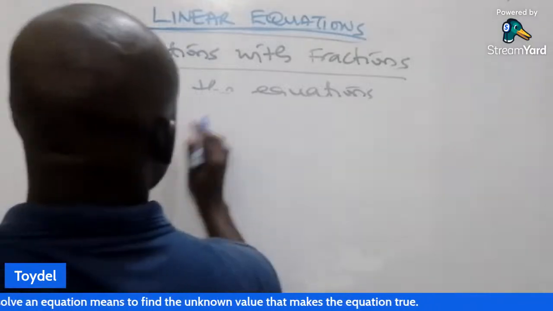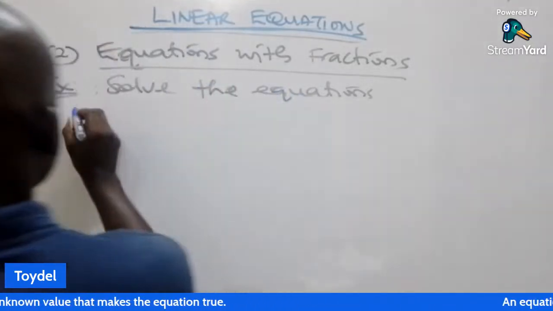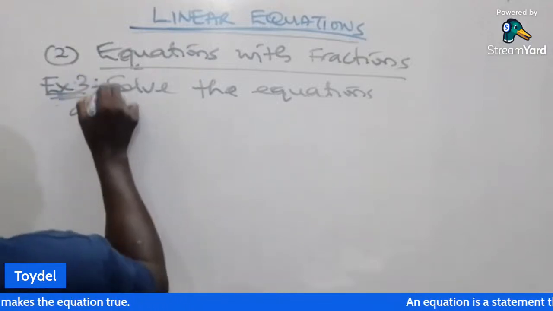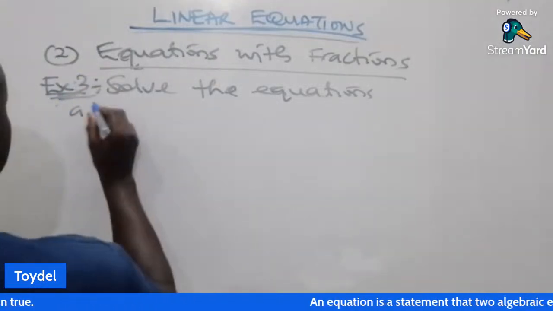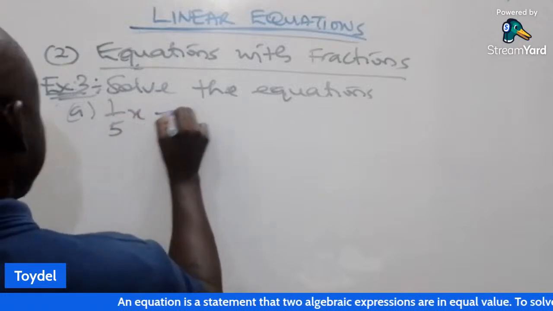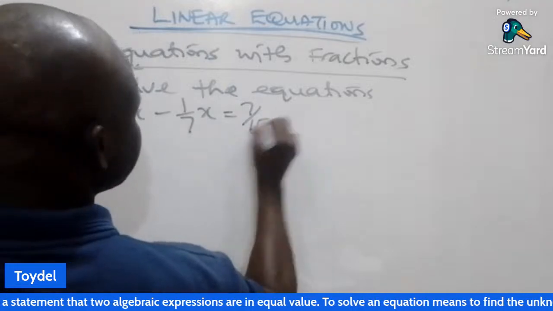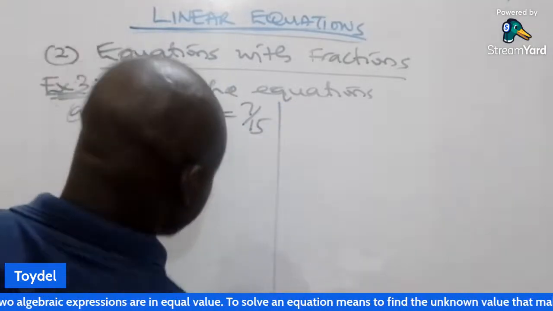Example 3: solve the equations. The first one is 1 all over 5x minus 1 all over 7x is equal to 7 all over 15. This is the first equation.